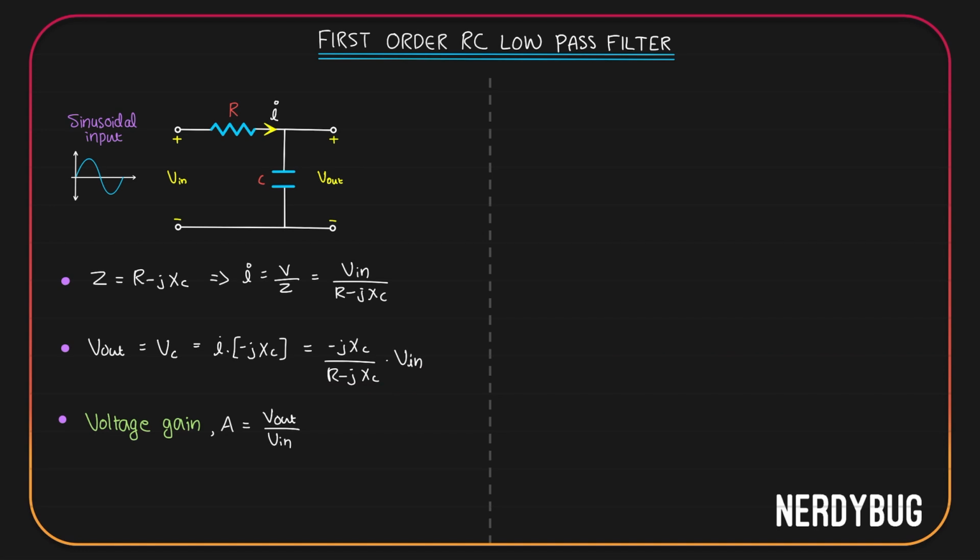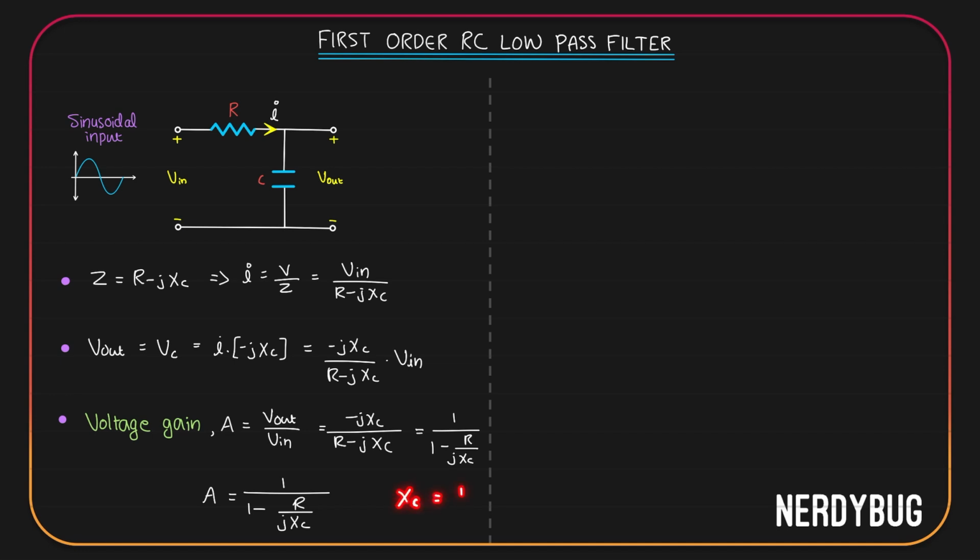So V output divided by V input will be minus JXC divided by R minus JXC. Let's divide the numerator and the denominator by minus JXC. Then this becomes 1 divided by minus R divided by JXC plus 1. In the denominator, we have minus R by JXC plus 1. We can write it like this, 1 minus R by JXC. So we get gain A is equal to 1 by 1 minus R divided by JXC.